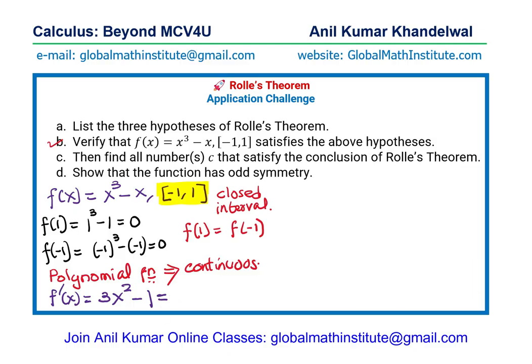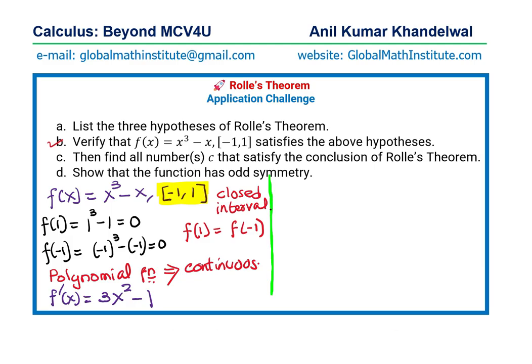So let me rewrite this. On the right hand side, I'll split it. And now we'll say f prime of c should be 0, right? And that is 3x squared minus 1.